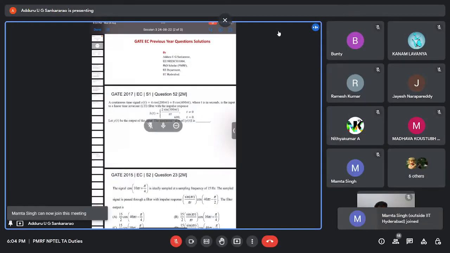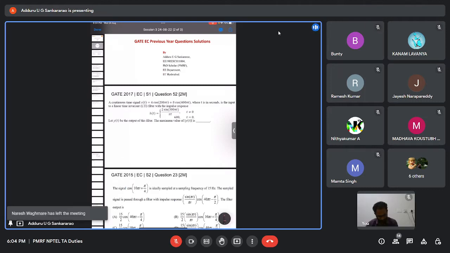Fine. So in the problem, a continuous time signal x of t is the input to an LTI system with impulse response h of t. The input x of t is a sum of two sinusoid signals.